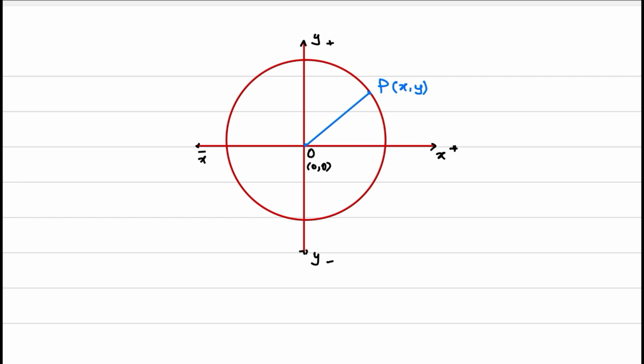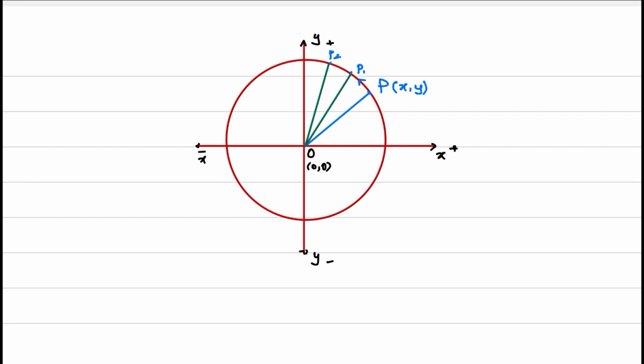As P moves along the circle circumference, x and y will vary. At P1 it will be x1, y1, P2, x2, y2, P3, x3, y3 like this. Let P be the locus and let it be P1, let it be P2. All the points are on the circumference of the circle.